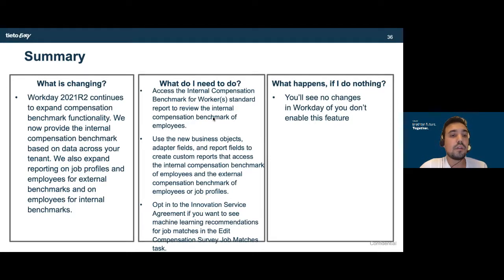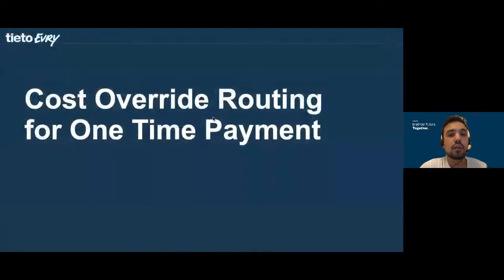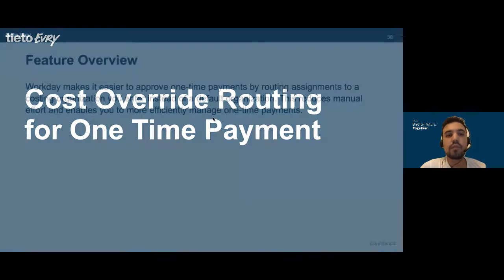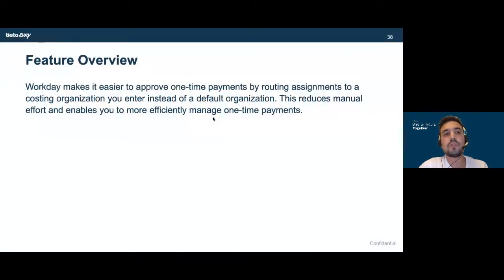But it is very interesting how Workday now brings this compensation survey to another level with these new reports. One feature is called cost override routing for one-time payments. If you are using, especially, work tags in your one-time payments, Workday will make it easier to approve one-time payments.